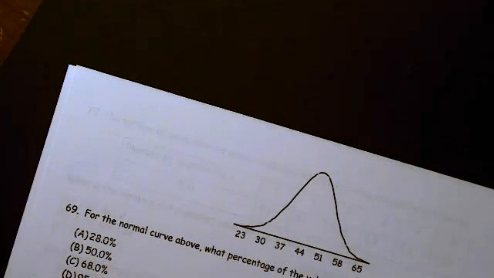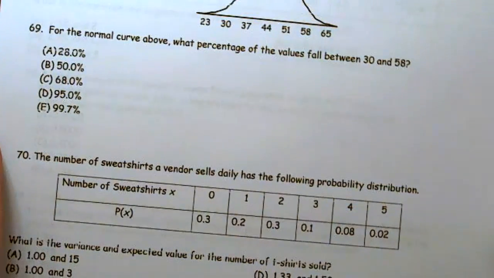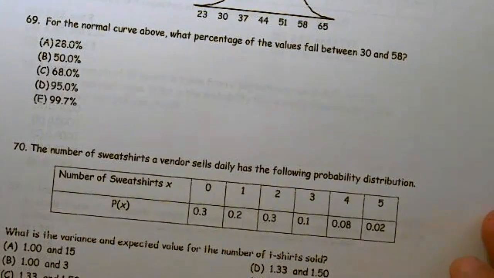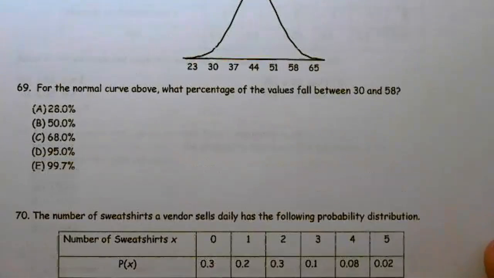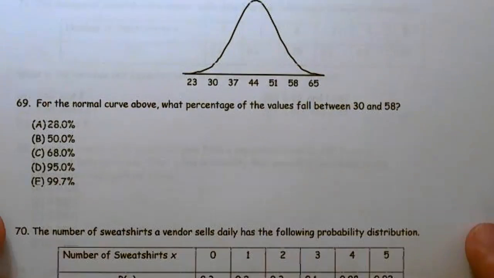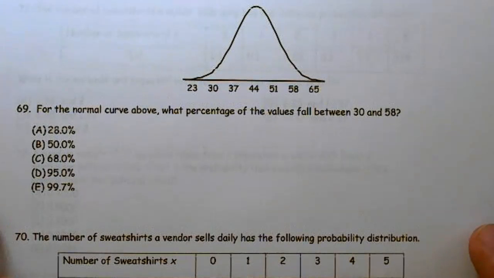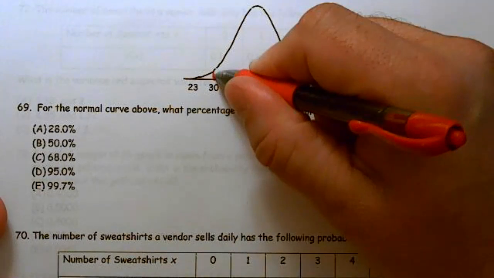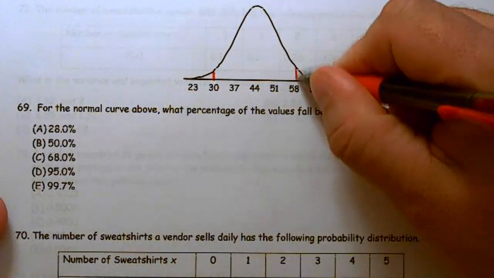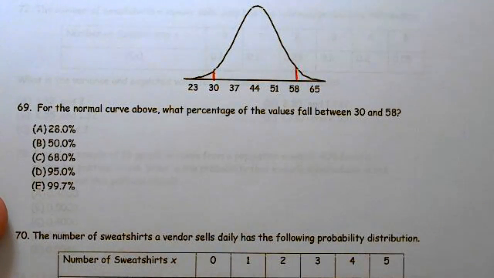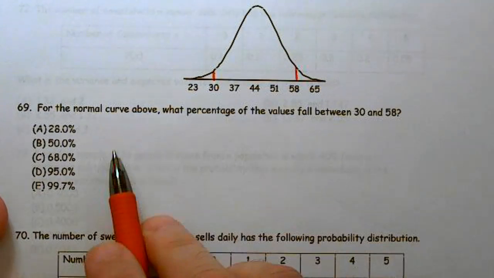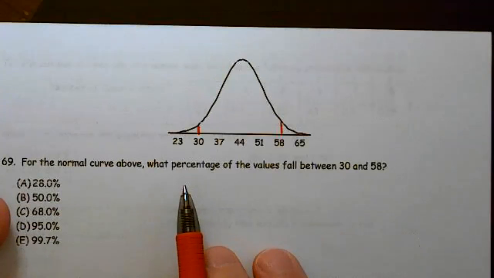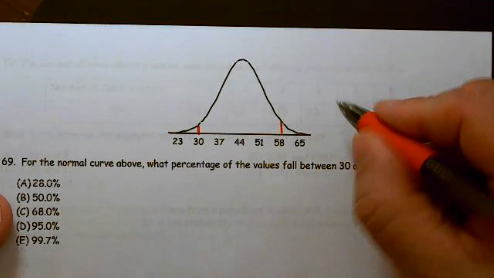Moving on to 69. For the normal curve above, what percent of values fall between 30 and 58? So that's what we're looking for, but since we're working with the normal, we know we have to have the mean and we have to have the standard deviation.